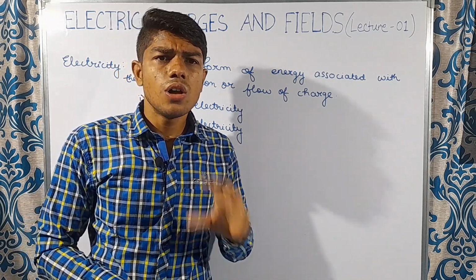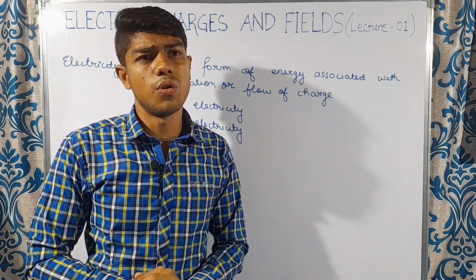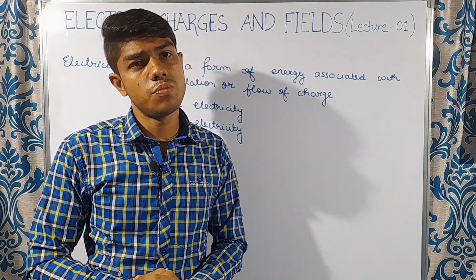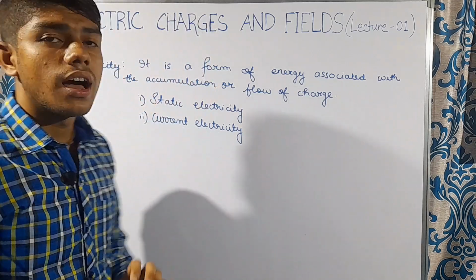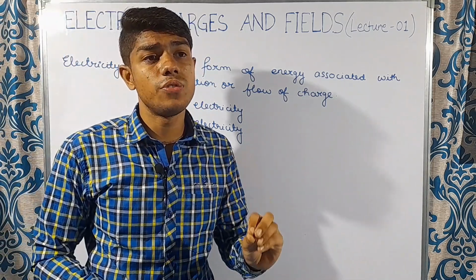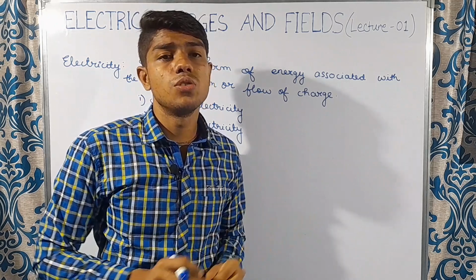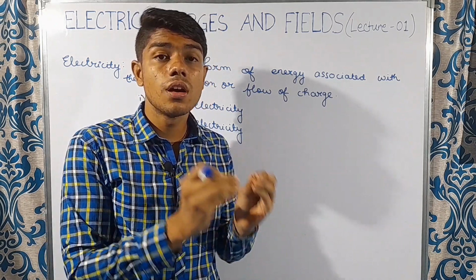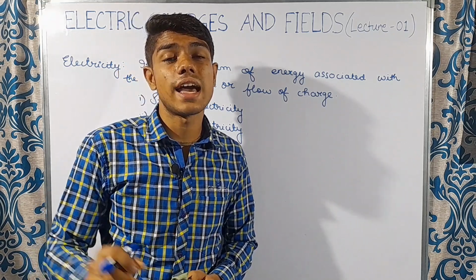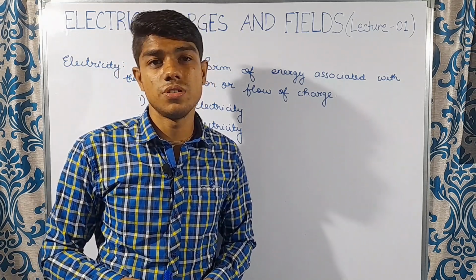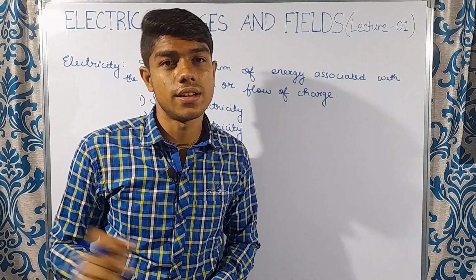Also, it can do some work on another body, which is stored as the potential of that body. And a separate branch of physics has been devoted to the study of force, field, and the potential which arise due to the charges at rest. That branch of physics is known as electrostatics.